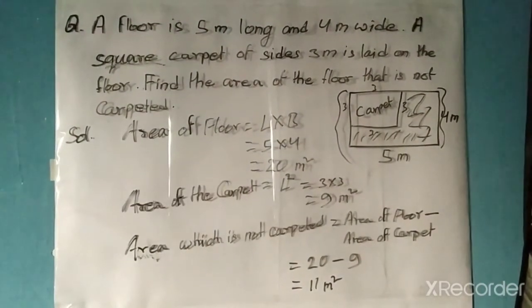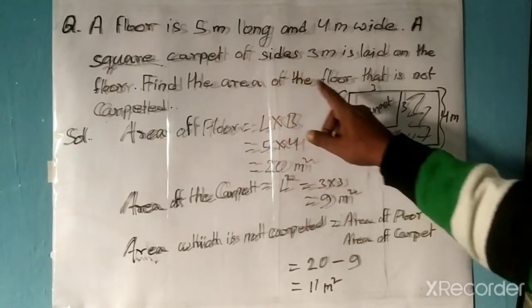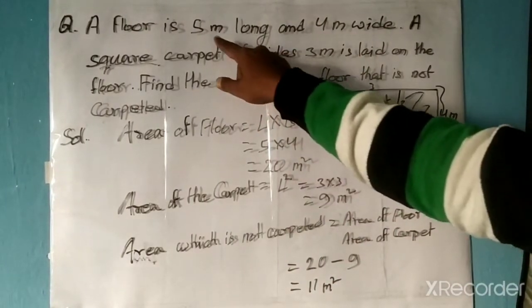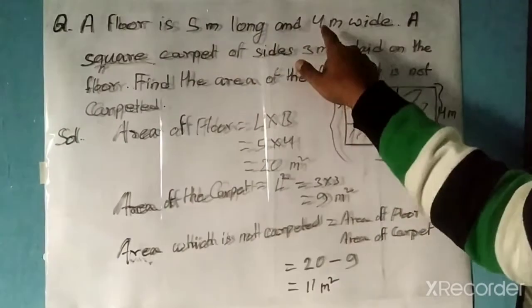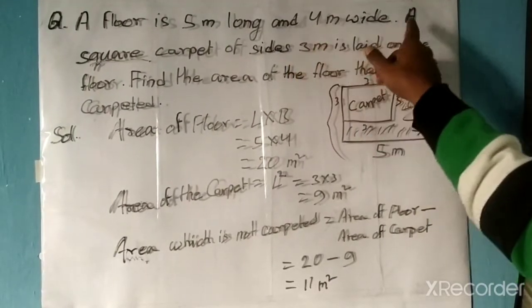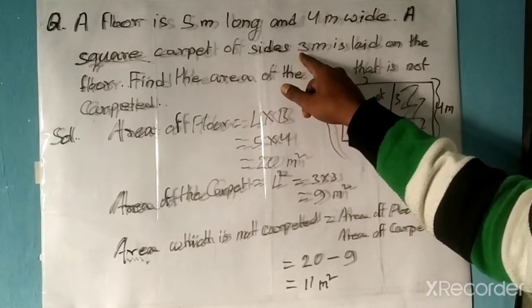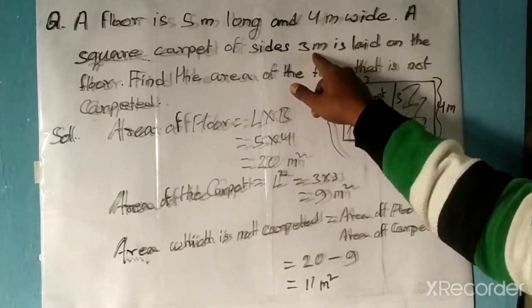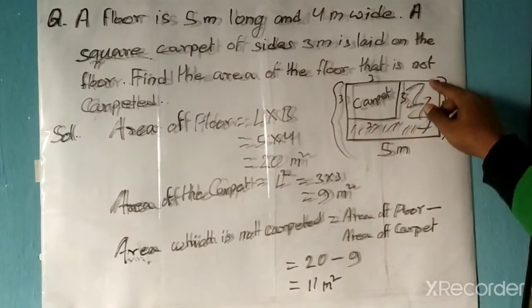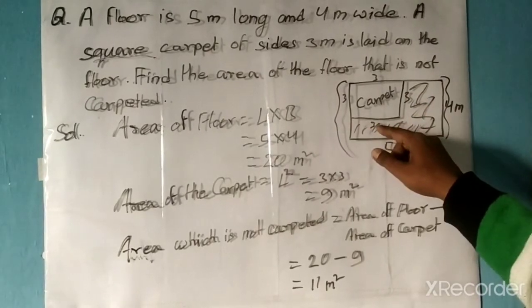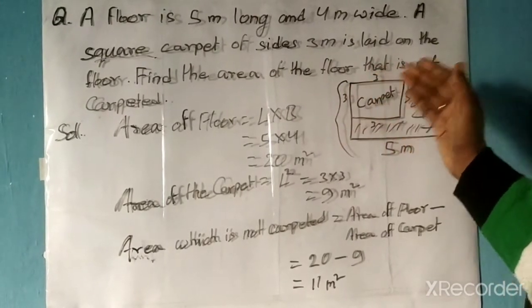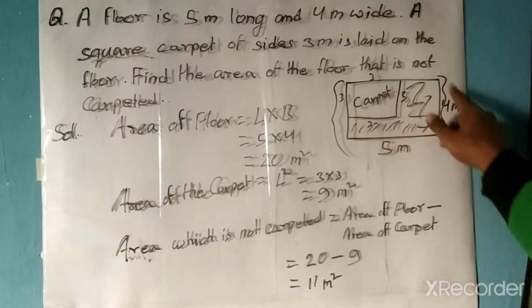Friends, let's revise again. The question is asking, if the size of the floor is 5 by 4 meter and a square carpet of size 3 meter is laid down, what is the area that is not carpeted? Okay, to find this answer, first we have to find the area of the floor.